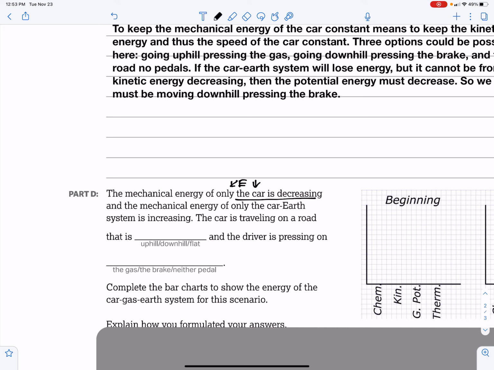Uphill, downhill, or flat? For the kinetic energy to be decreasing while the mechanical energy of the car-earth system is increasing, well, right there, that should tell us that we're going uphill.